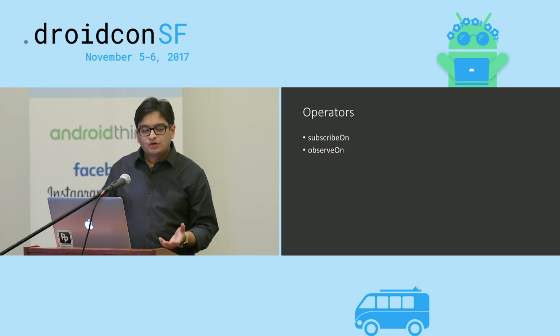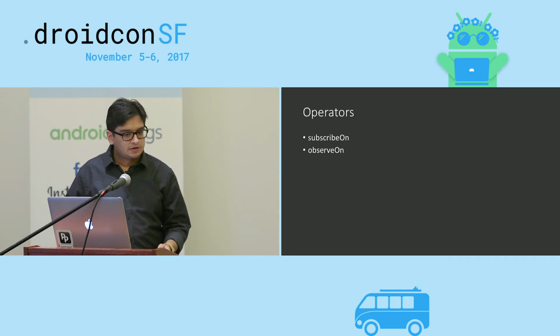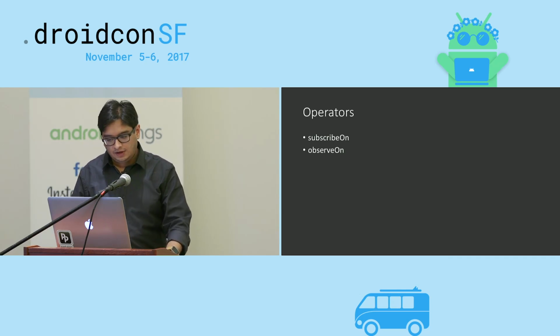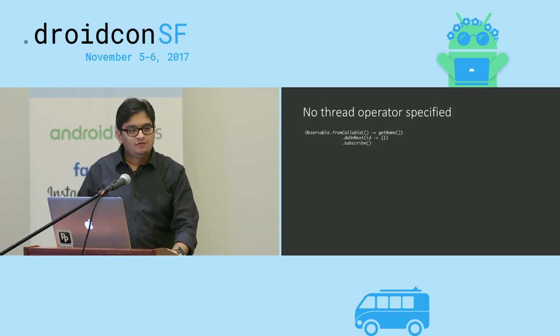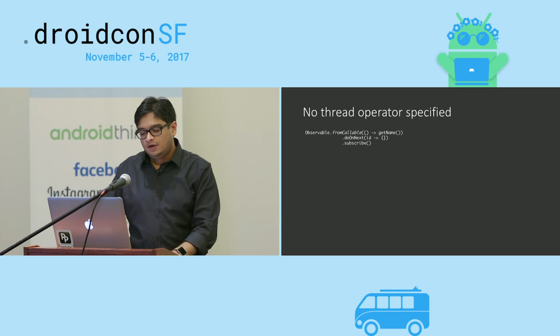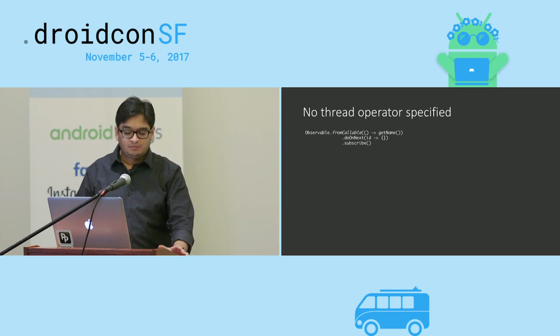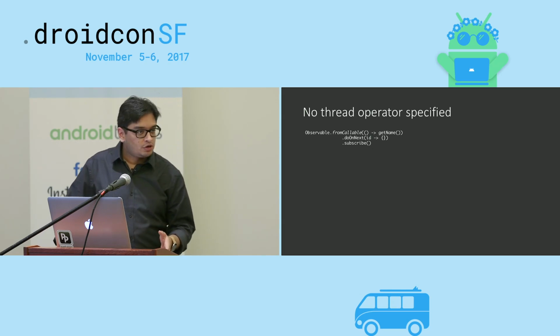But how do you use concurrency in your RxJava code, right? It provides you two different operators. One is called subscribeOn, and the other one is called observeOn. Let's see how you can use that in your code base. This is a simple application where you're using fromCallable, a get method, and there is something called doOnNext and subscribe. If you look here, we are not specifying subscribeOn or observeOn.